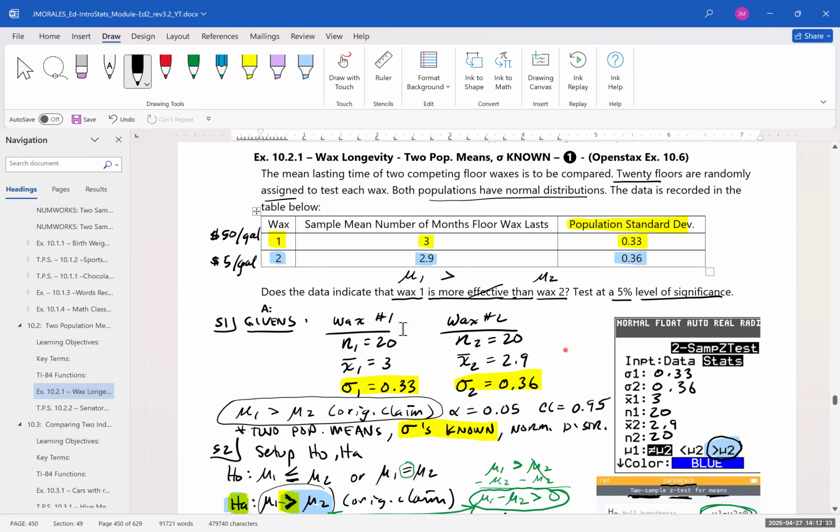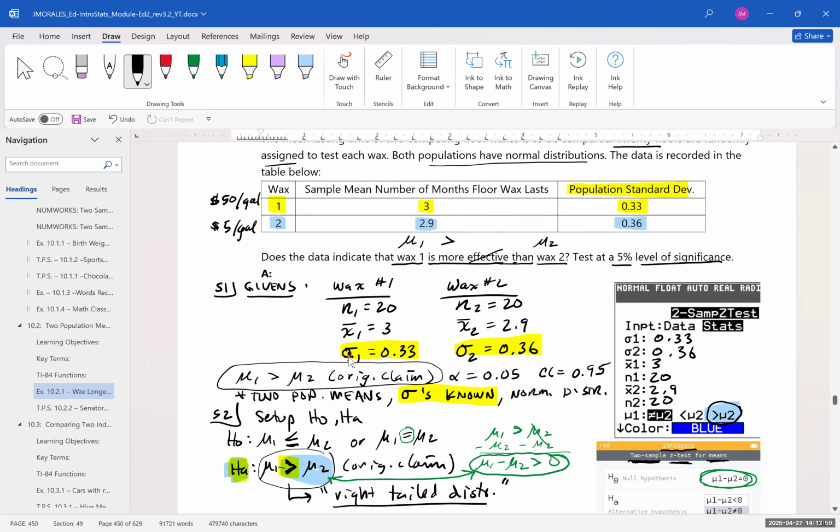And probably the hard part now is just reading this word problem. Word problems are always more difficult, and interpreting all the given information and being able to write it in statistics language, mathematical statistics language, and then from this language, realize, oh, I've got two samples.